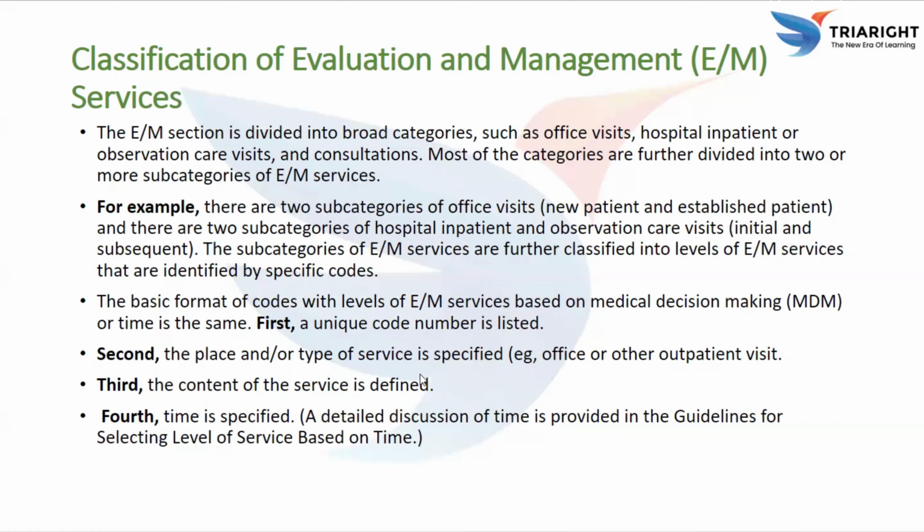Second, the place and type of the service, whether it's an office or outpatient visit, hospital inpatient care, or emergency department visit. Third, the content of the service. It describes the nature of the evaluation, management responsibility, and the clinical work expected. And fourth, the time. It is the typical or total time associated with the service. It is used when selecting level by time. Time is always listed last in the code description.